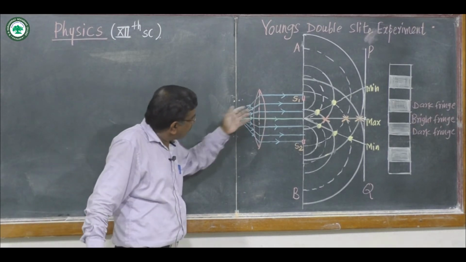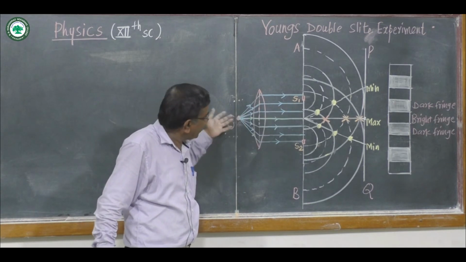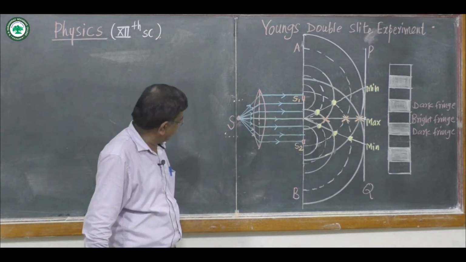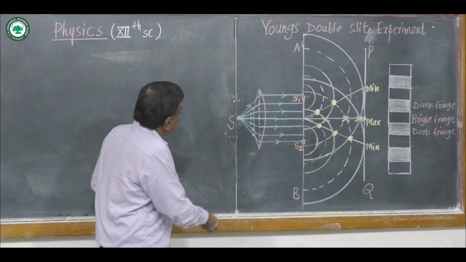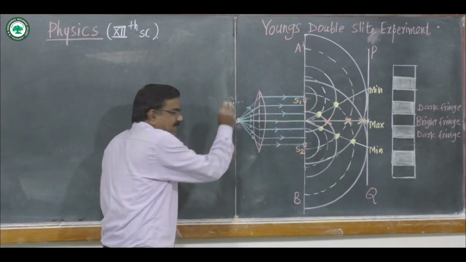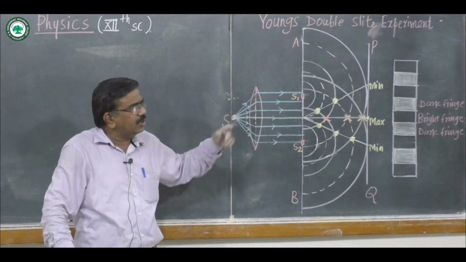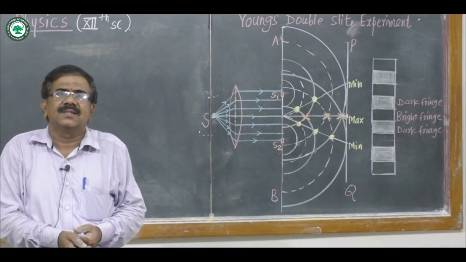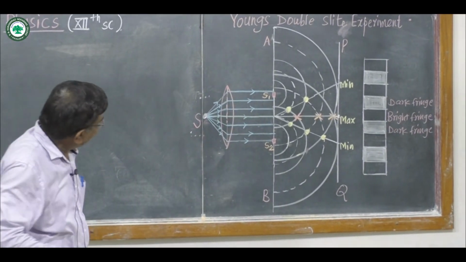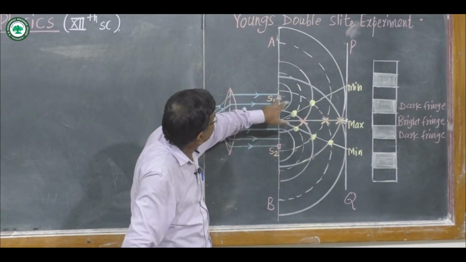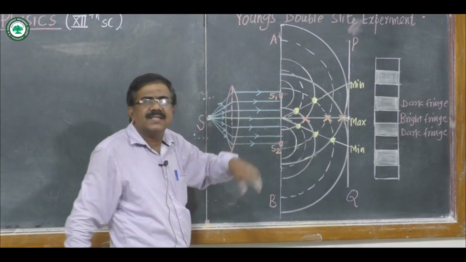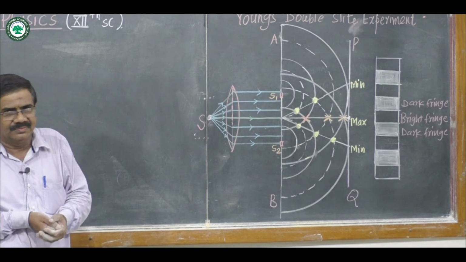Light is incident on these slits. Parallel light is incident on the slits from the point source of light S. This light is first incident on a convex lens, and then this parallel beam of light is incident on the two slits S1 and S2.